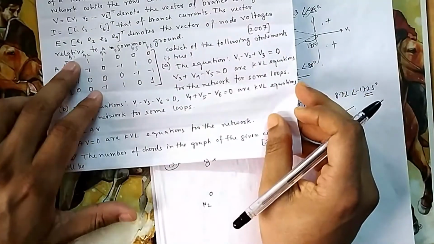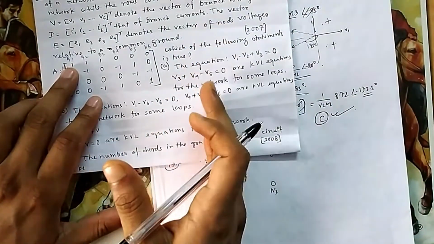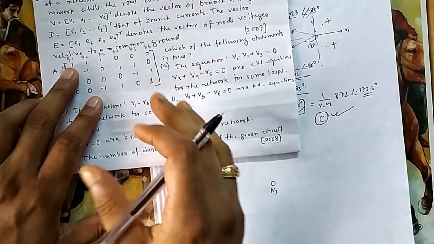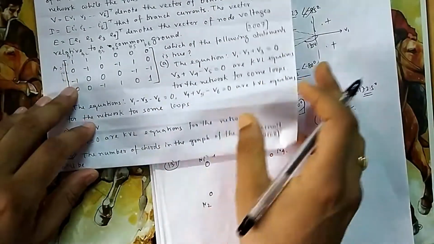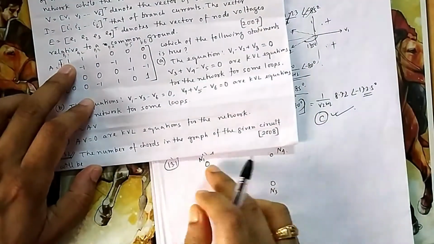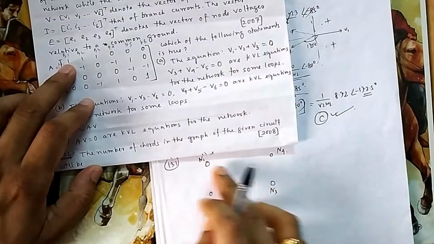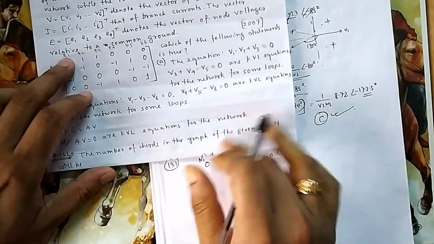That's it. If it is 1, that means the branch is leaving the node, because in node analysis whatever is leaving the node, we always take as positive. So here from node 1, branch 1 is leaving and it is positive. Branch 1 is connected to which other node?